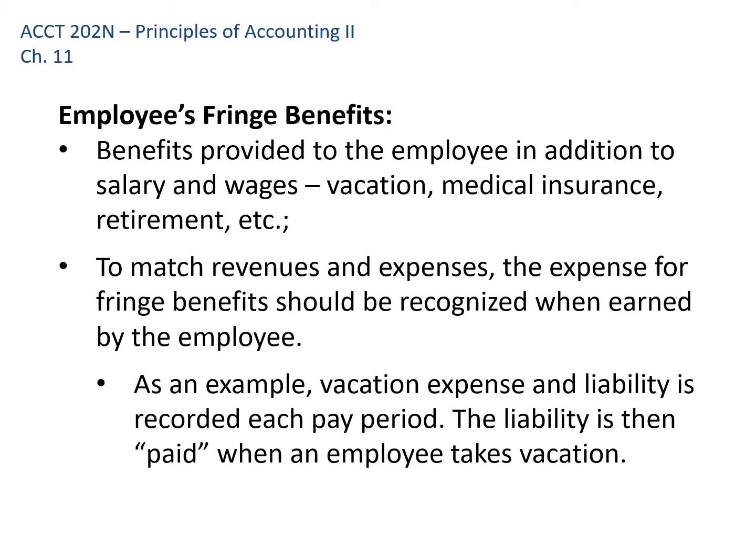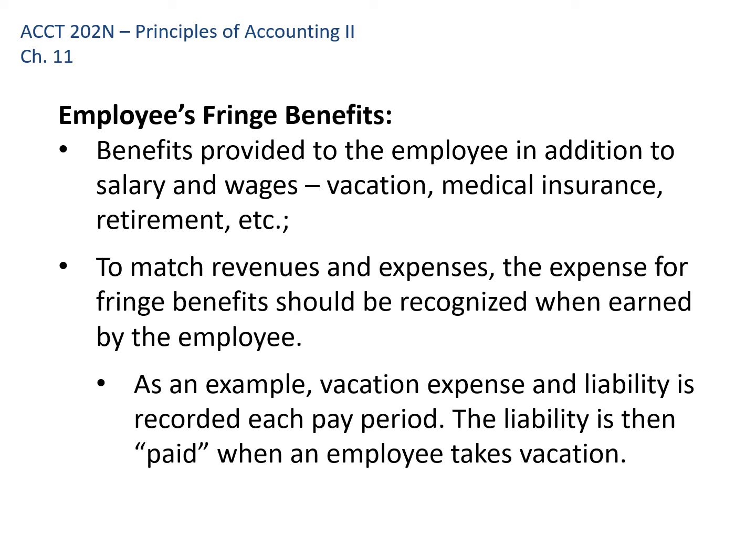The key thing about fringe benefits is to match revenues and expenses. So we want to recognize the expense in the period in which the employee earns the benefit. We don't want to record the expense when they actually take advantage of the benefit. Vacation is a good example of that. You may have a policy that your employees earn 1 day of vacation for every month they work. Well, an employee may work January through June and not take any vacation.